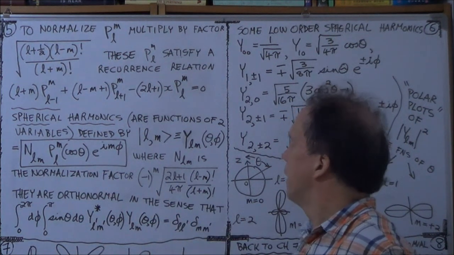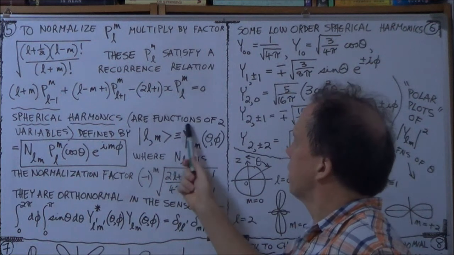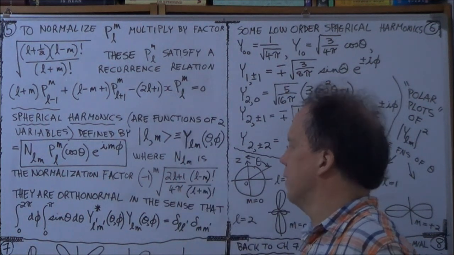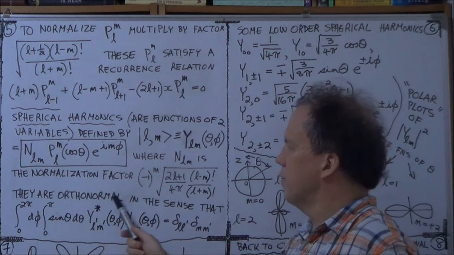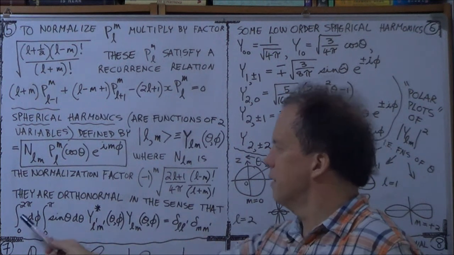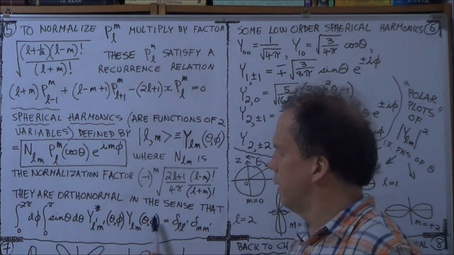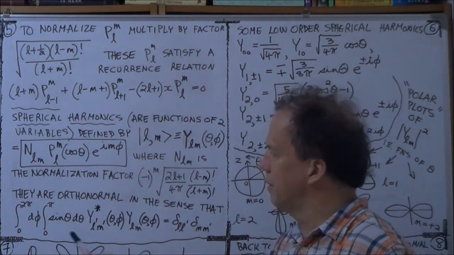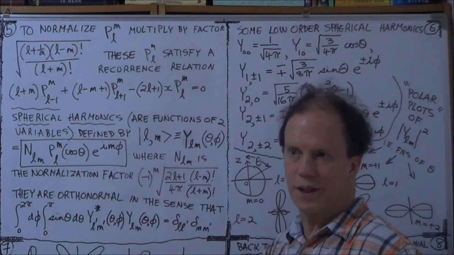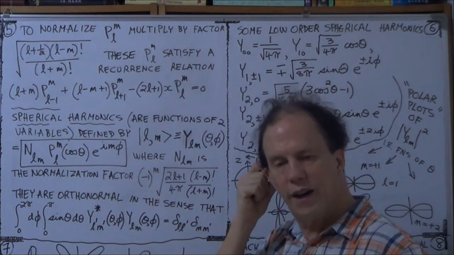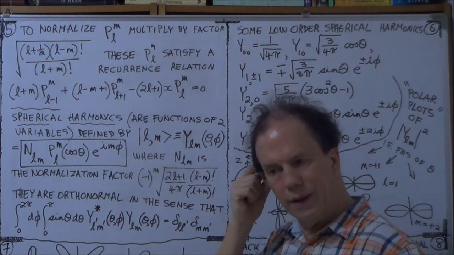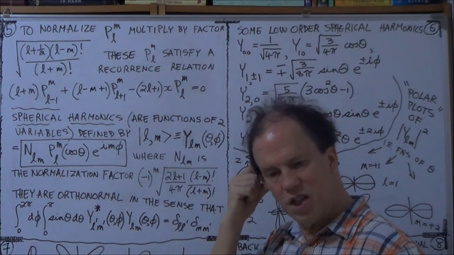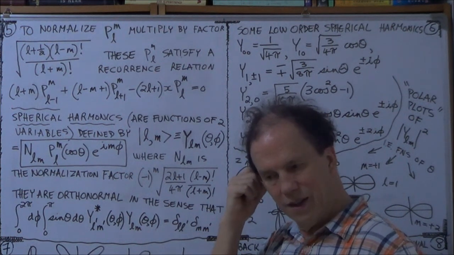Now these spherical harmonics, these Y's if you like, are orthonormal in the following sense. You can multiply two of them and then integrate. It depends on the context, and the definition of orthonormal depends on what you're doing.